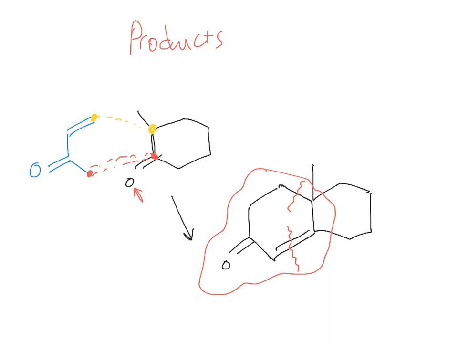Reform your alpha-beta unsaturated ketone on the left from these parts. And reform your carbonyl on the right from these parts, knowing that the carbonyl part is going to be right where it connected here.